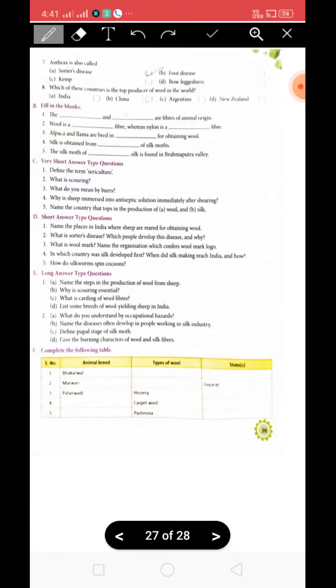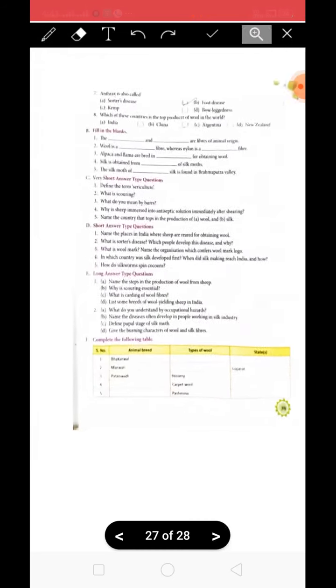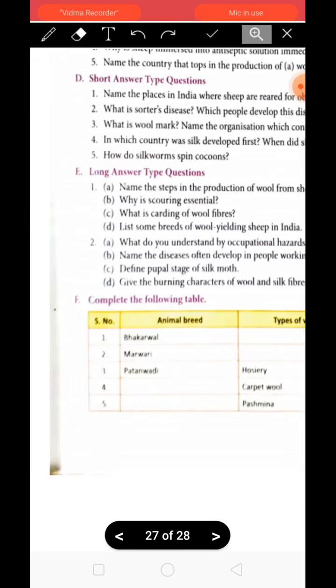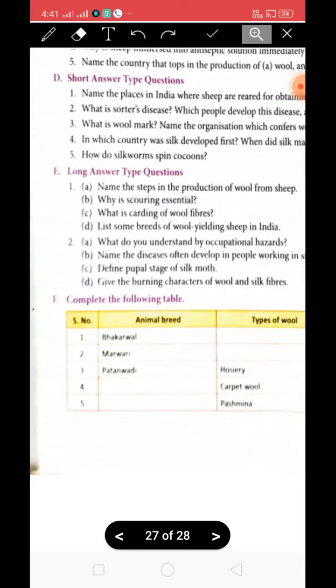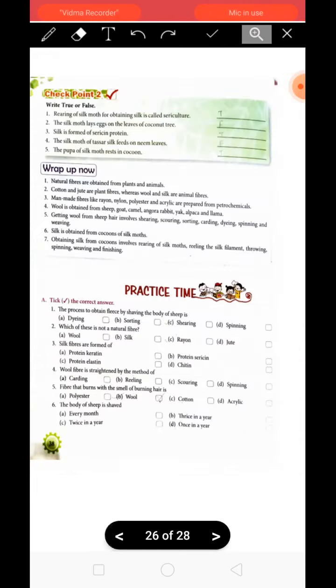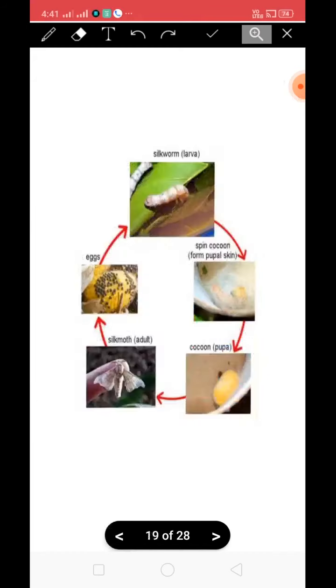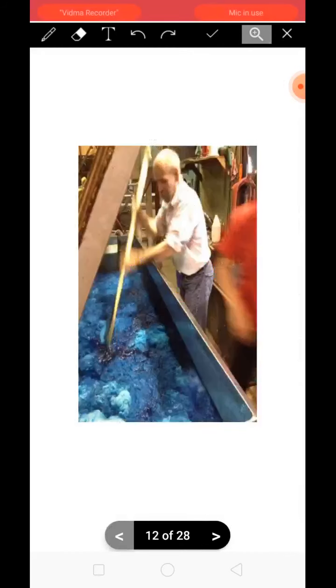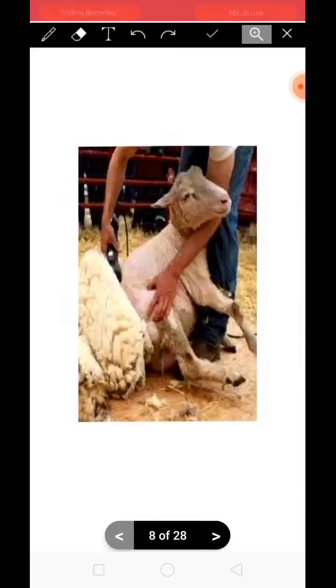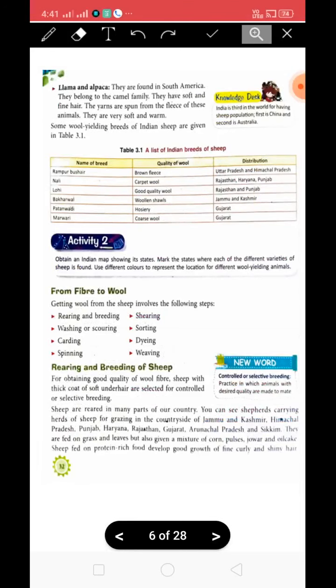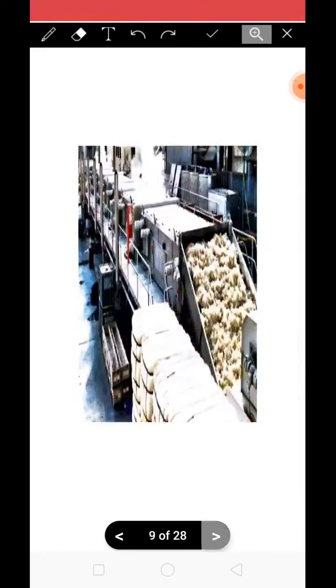Complete the following table. So over here we are having this table. You have to fill it up. Understood? And you will fill it up with the help of table number 3.1, which is present in page number 32. See over here.